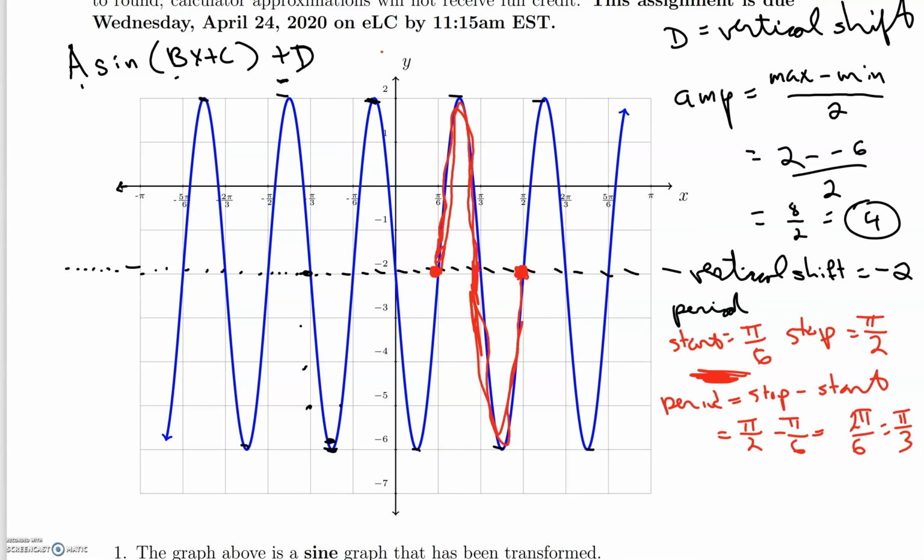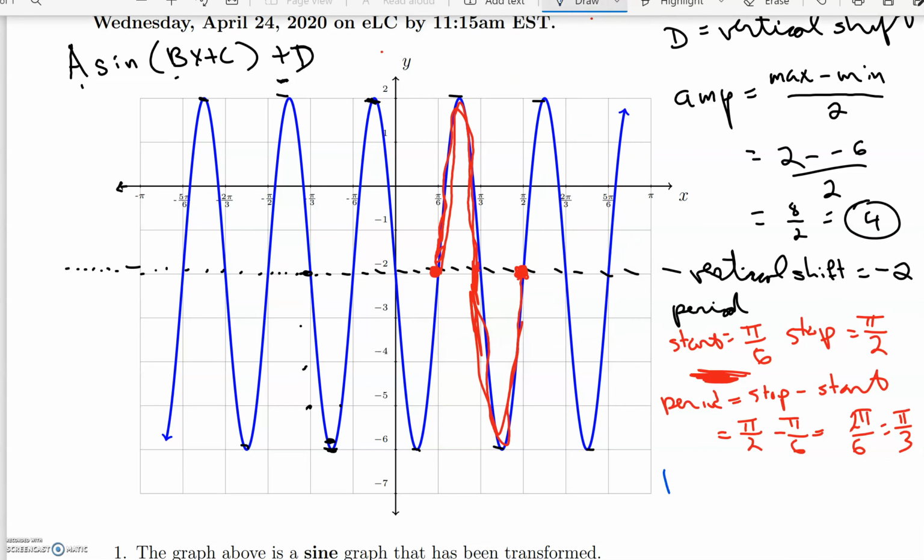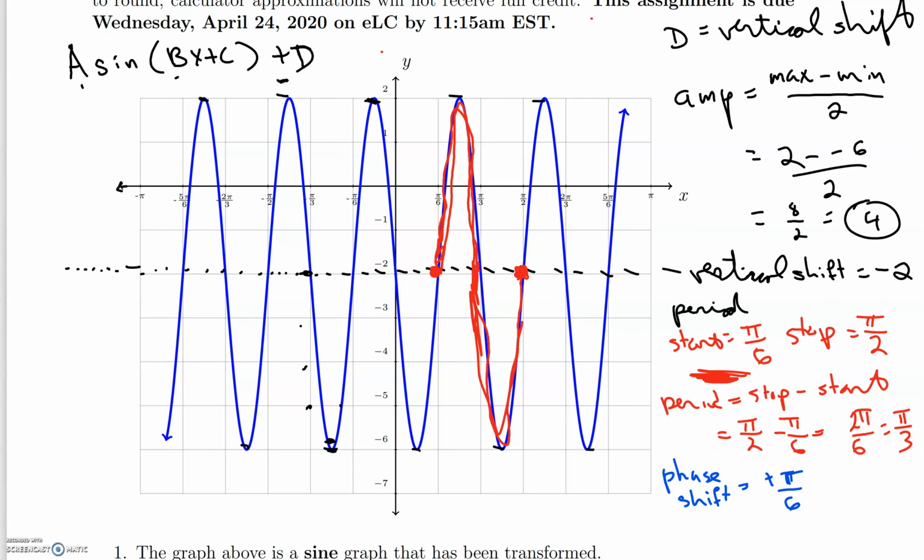Okay. Now, what I said about phase shift, let me go back to that because we actually have the phase shift as well. So my phase shift would be positive pi over 6. Depending on what you decided to see as your interval, as your fundamental period, you might have a slightly different formula.